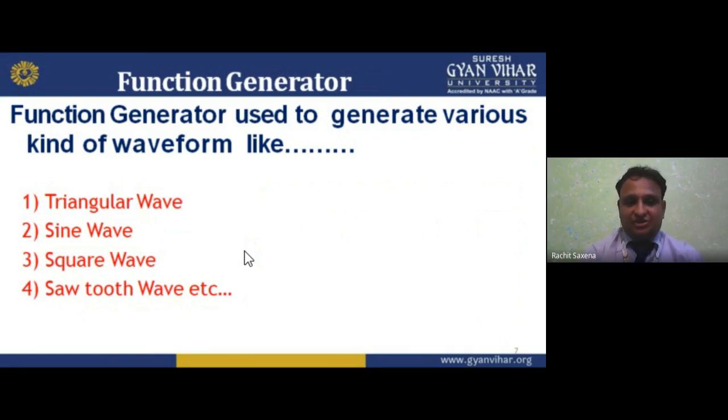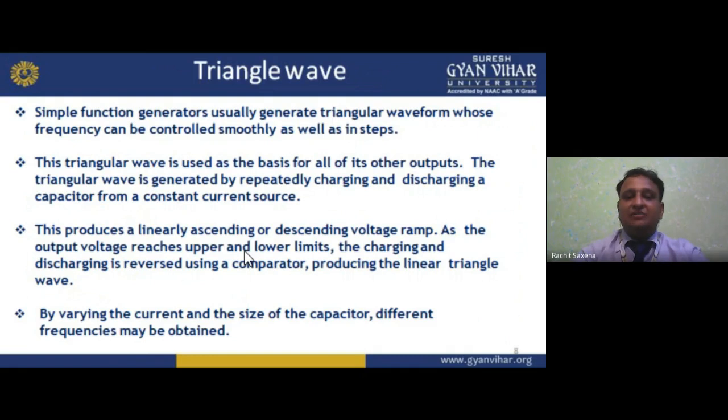Now a function generator is used to generate various kinds of waveform like triangular wave, sine wave, square wave, and sawtooth wave. Now I'm taking one by one. First, the triangle wave. A simple function generator usually generates a triangular waveform whose frequency can be controlled smoothly as well as in steps.